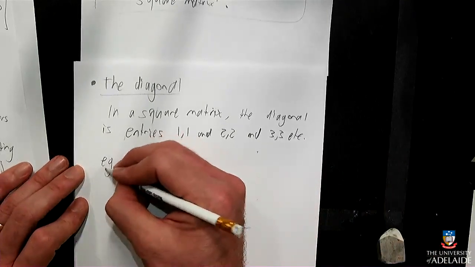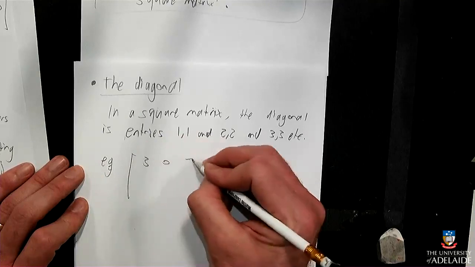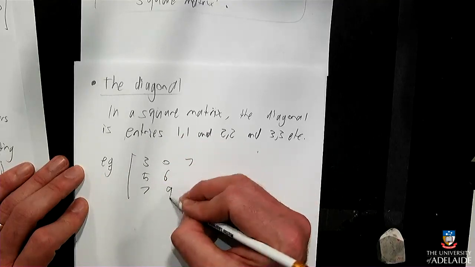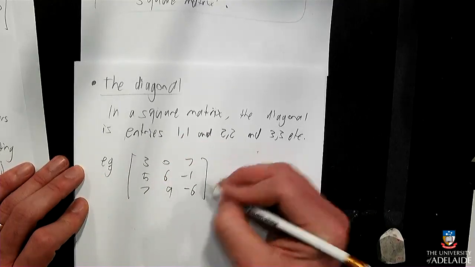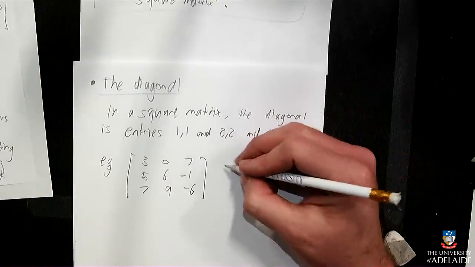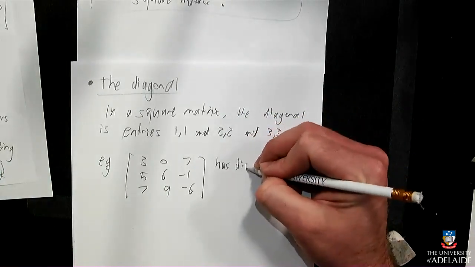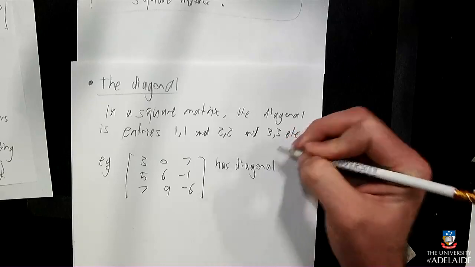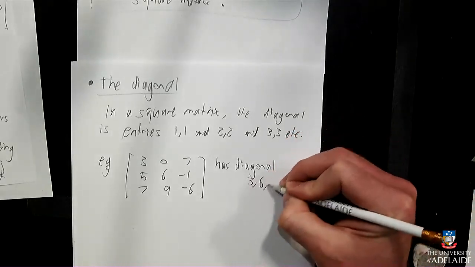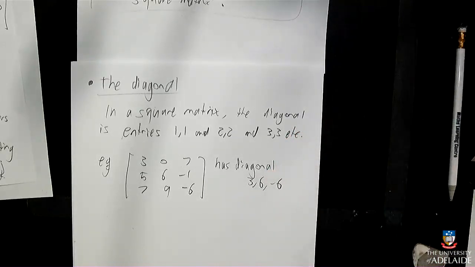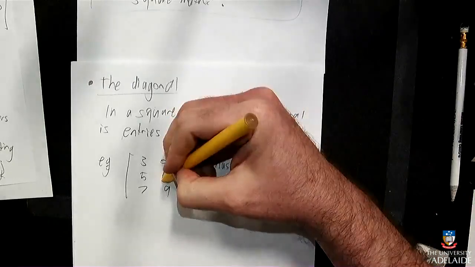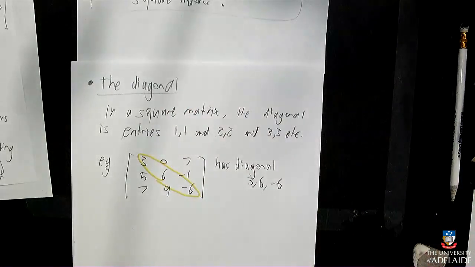So, for example, this has diagonal 3, 6, and minus 6. And the diagonal is right here. Okay, so these are going to become important for talking about stuff. And I'm going to leave that there.